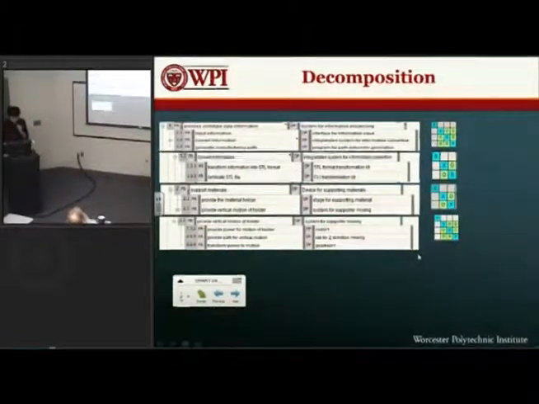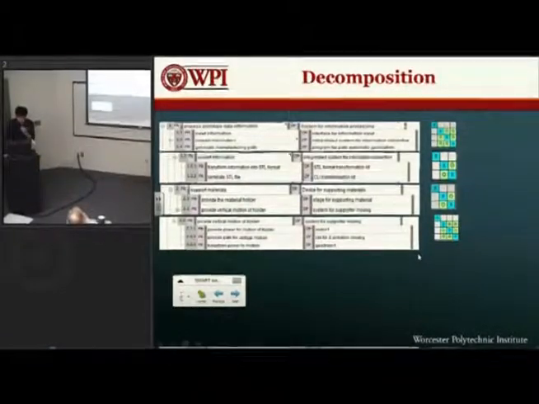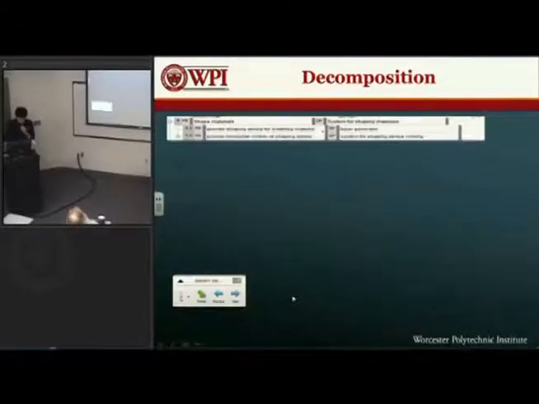In the provide vertical motion of the holder, we decompose it into three children: provide power, provide the path, and transform power.